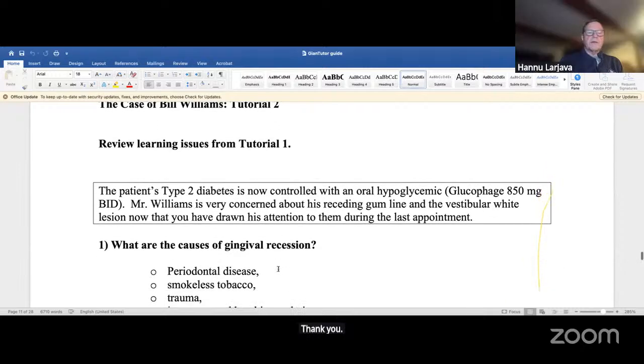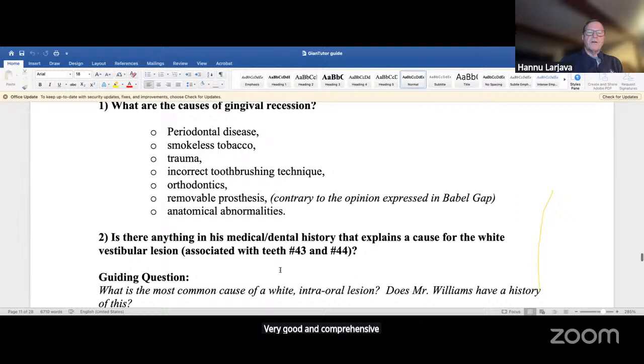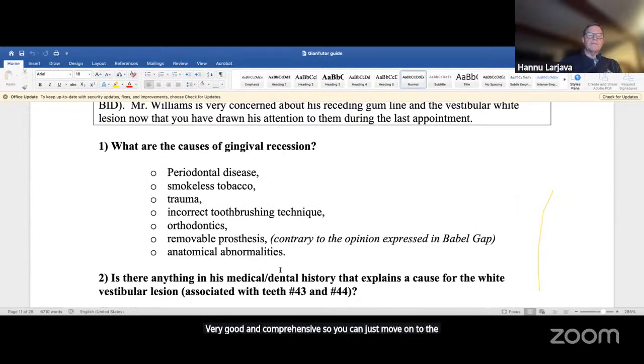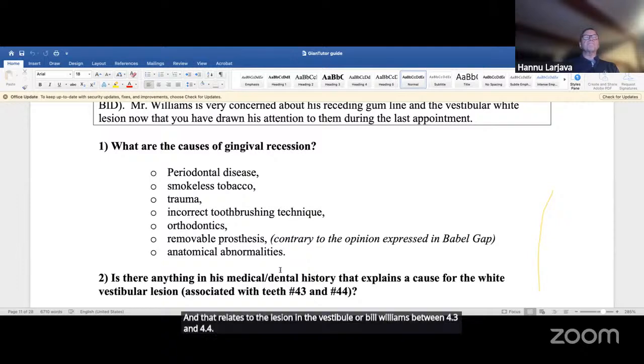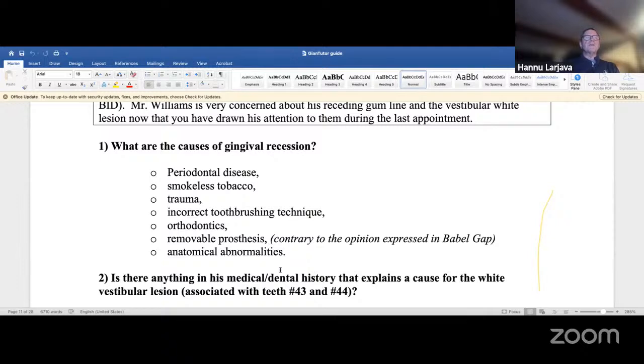Very good and comprehensive. So we can move on to the next question, which relates to the lesion in the vestibulum of Bill Williams, 43 and 44. Who is answering? The SAIF group is going to answer this. Yes, sir.